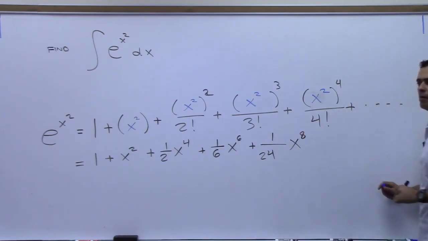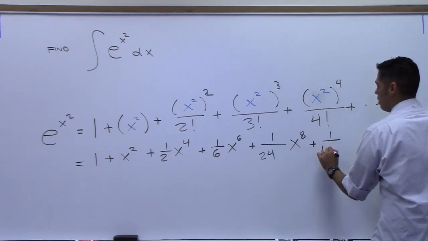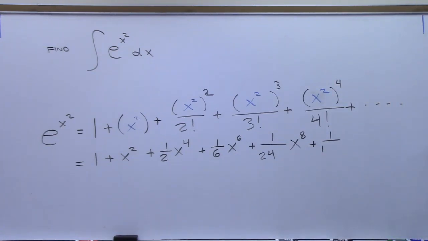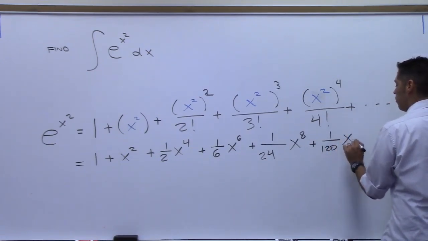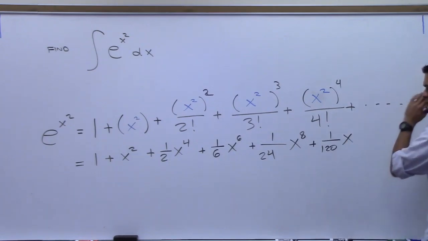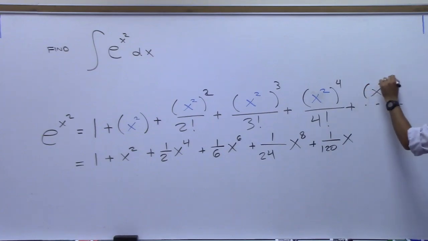And then I could keep going, right? I'll do one more. Hold on, I've just lost my place. I'm at 5 factorial, 120, right? I don't know why I just had a complete brain fart. What would the next one be, though? x squared to the 5th, so x to the 10th.